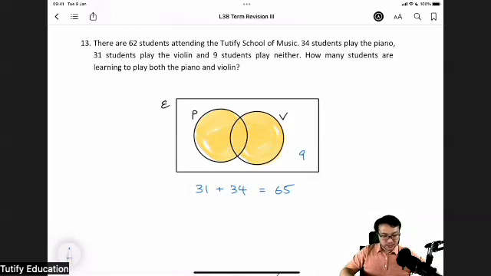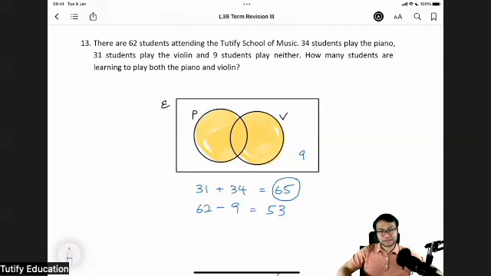You already know that there are 62 students altogether. You also know that 9 of them do not belong inside the circles. So how many? 53. Yes. So you need to say that inside the circles, there should be 53 people, right? But how come when I add them together, I'm getting 65?